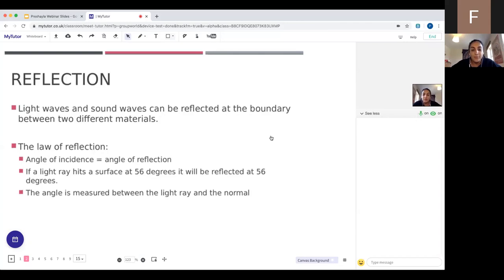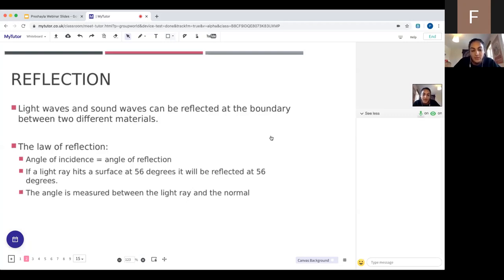Now, the important thing to remember when we're talking about ray diagrams, which you'll see quite a lot later on, is that the angle of incidence, the angle of reflection, the angle of refraction, we have 3 types, is always measured between the light ray, which is like a straight line with an arrow on, and the normal.